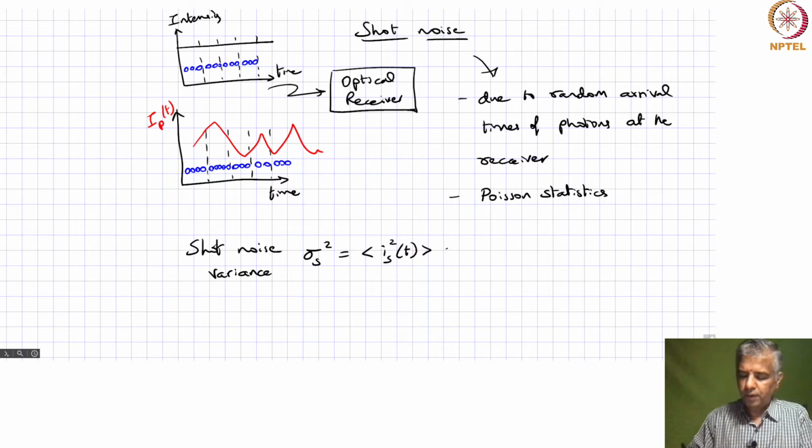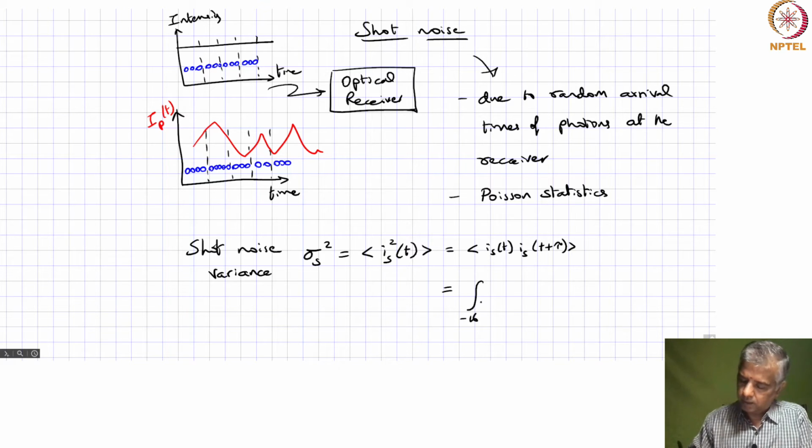Now, if you want to quantify that, you can say that this is nothing but the autocorrelation of this photocurrent. So you have i_s of t correlated with i_s of t plus tau when tau goes to 0, and whenever we talk about autocorrelation, we use what is called the Wiener-Khinchin theorem. We know that the autocorrelation and the power spectral density are Fourier transform pairs.